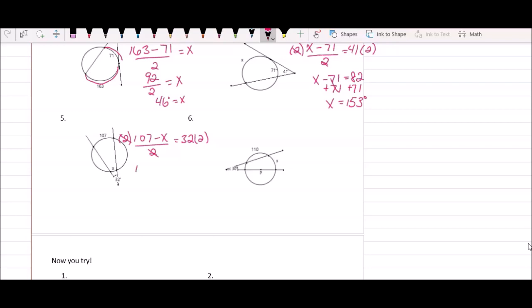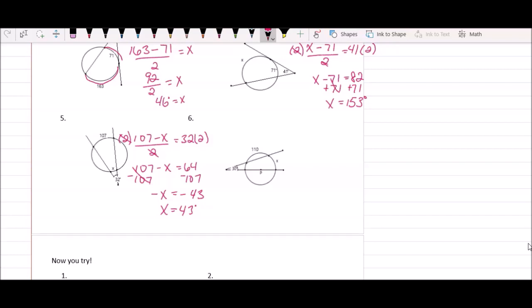Cancel that out. 107 minus X equals 64. And then if you subtract 107 from 64, you have negative X equals negative 43, and that means X equals positive 43.